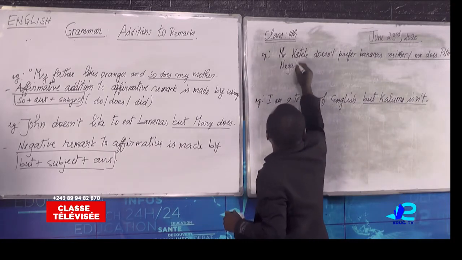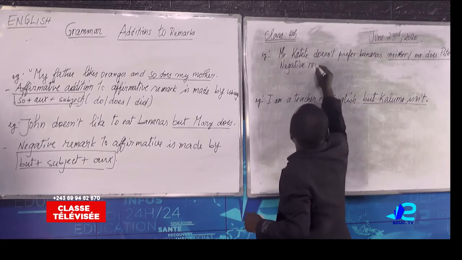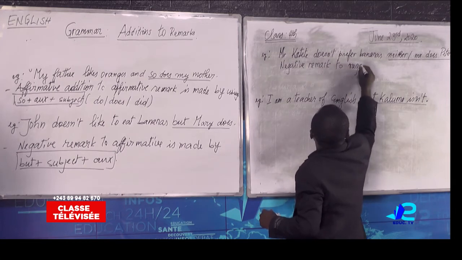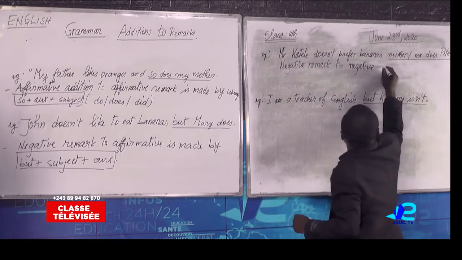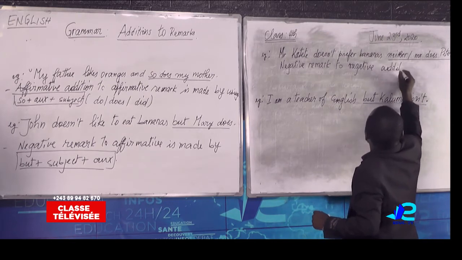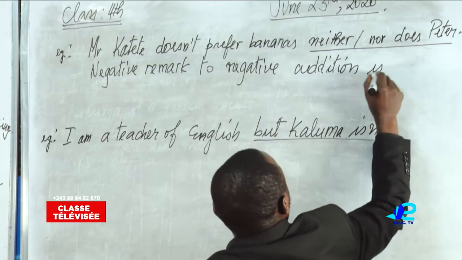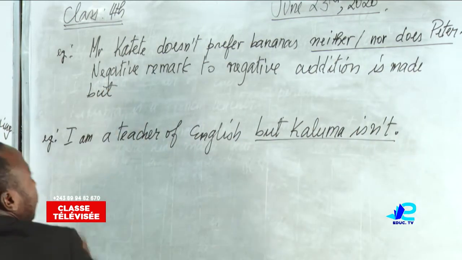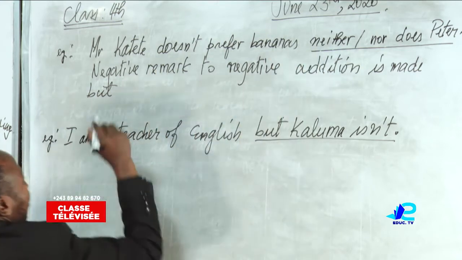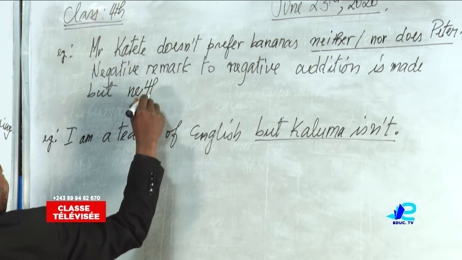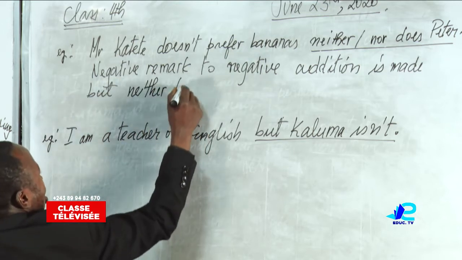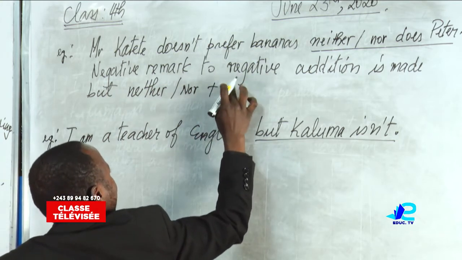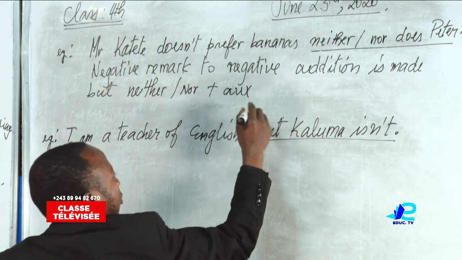Negative remark to negative addition is made by neither, others pronounce neither, or nor, plus auxiliary plus subject.